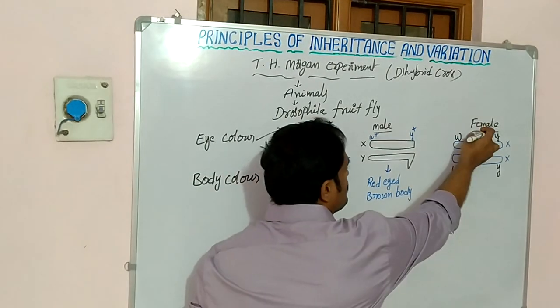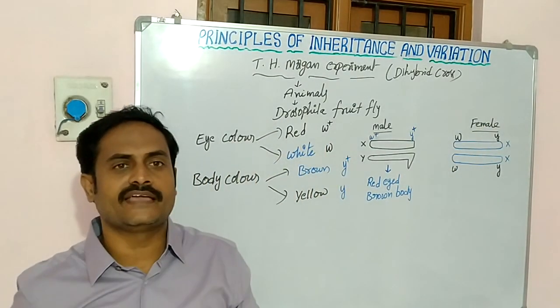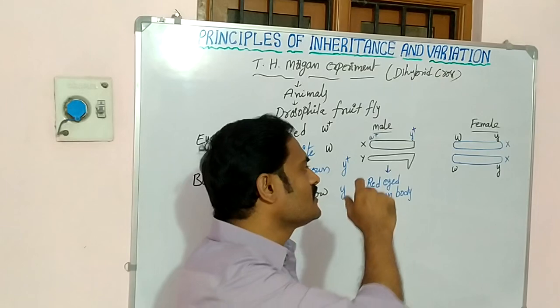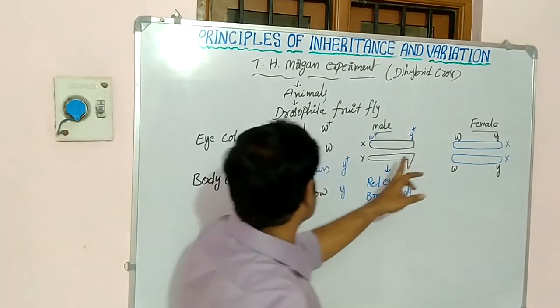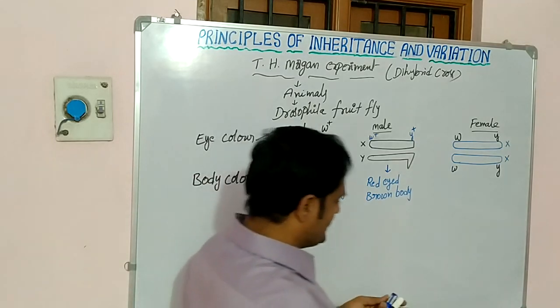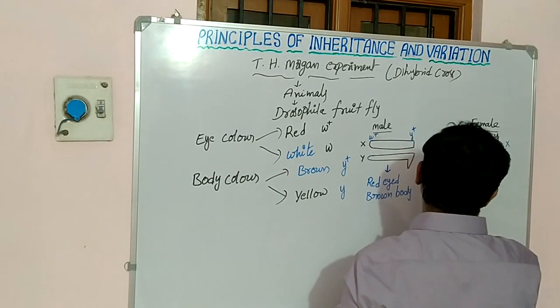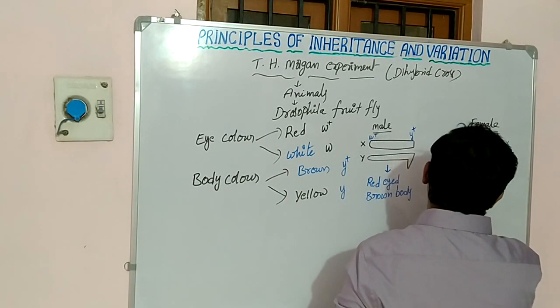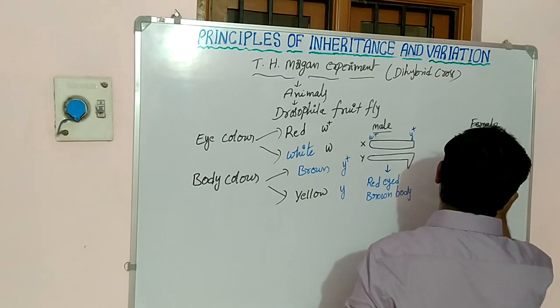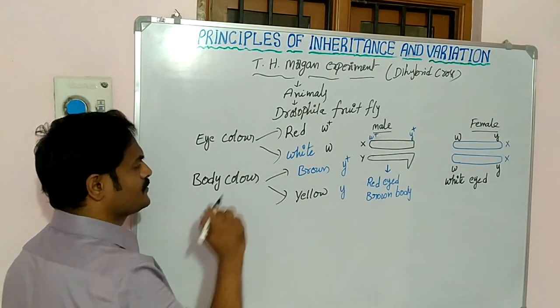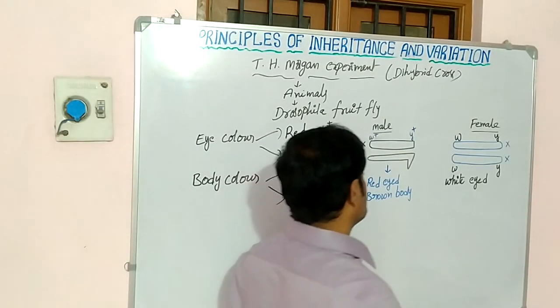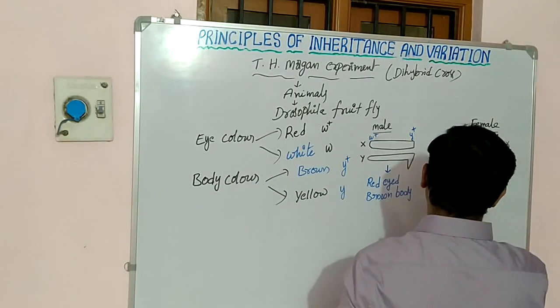So which kind of female? What kind of eye color and body color does the female have? W means white eyed, and Y means yellow body.